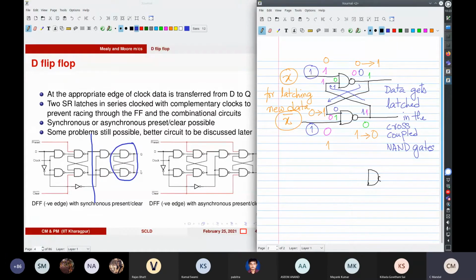So you have this as before, as the output.